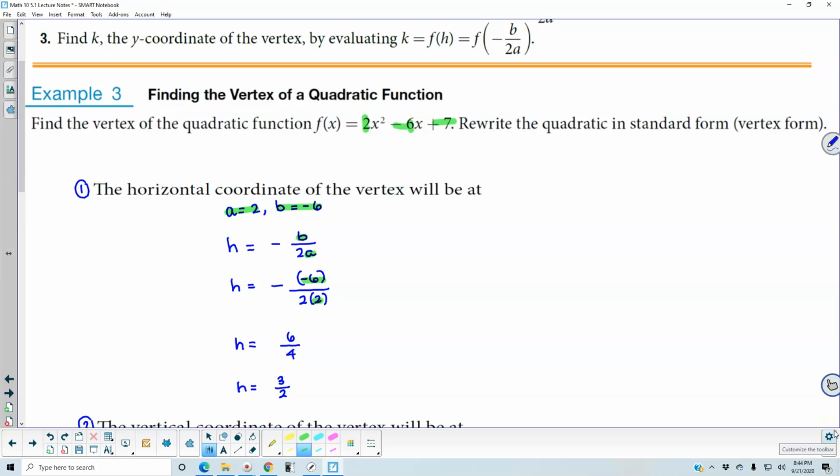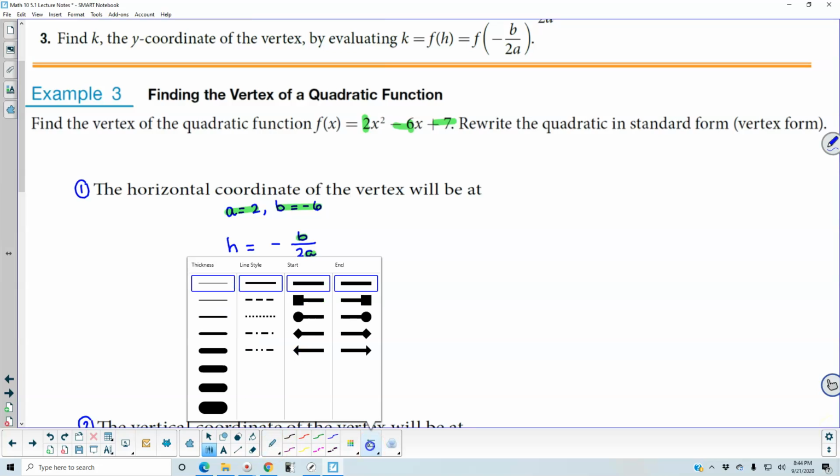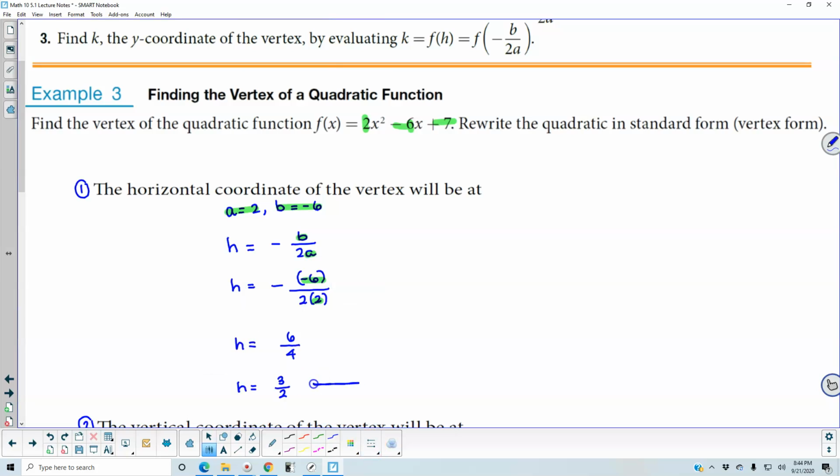Now recall that h represents the x-coordinate. So far, of the vertex, we found the x-coordinate, which is 3 over 2. And now we need to look for the value of k.